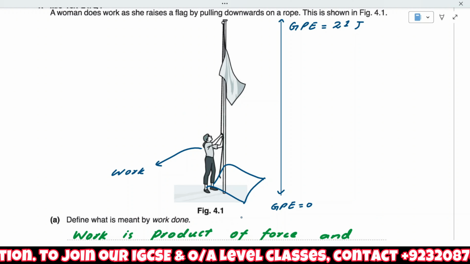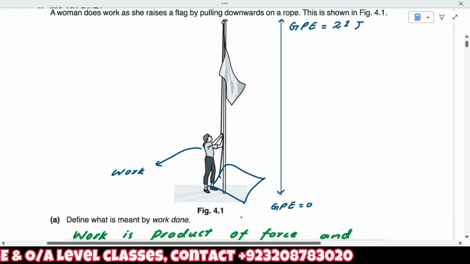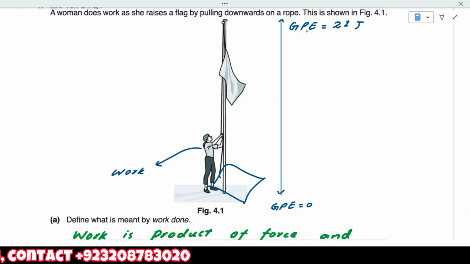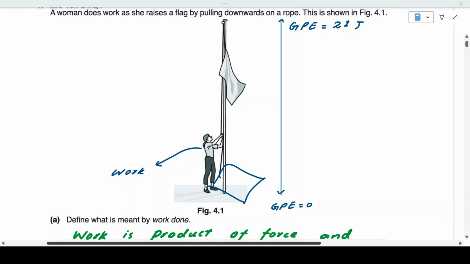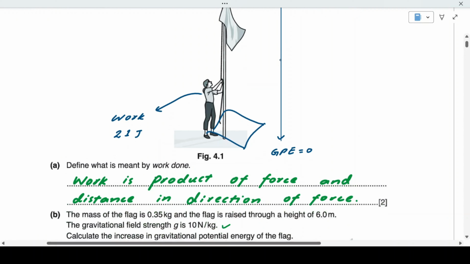Now, can you guess the amount of work she would have to do in order for the flag to get 21 joules of GPE? How much work needs to be done by this girl? So we assume that if she does a work of 21 joules, that work done is stored in the form of gravitational potential energy.